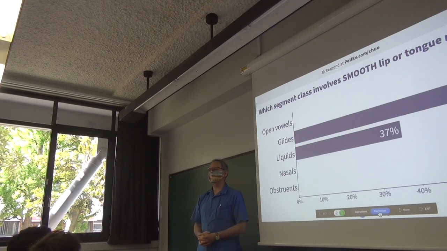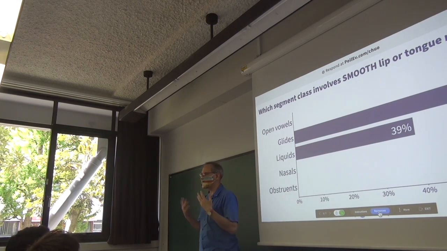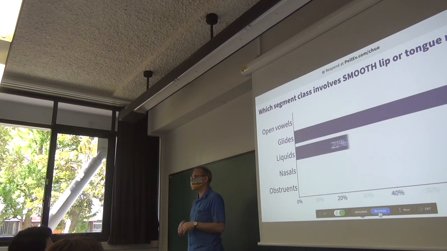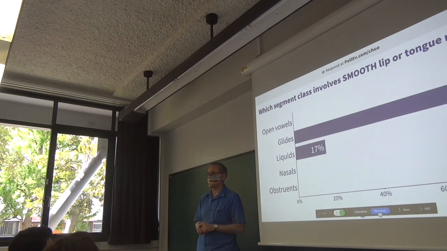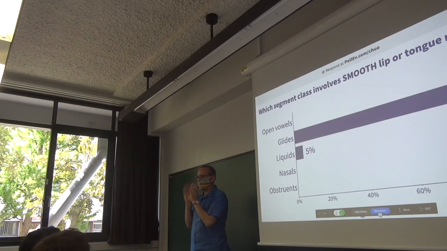This is tricky. Smooth movement is glide. Glides like y and w. In order to create that sound, there has to be smooth movement. For the liquids, which include English L and English R, there's a smooth airflow path, but there's no movement.